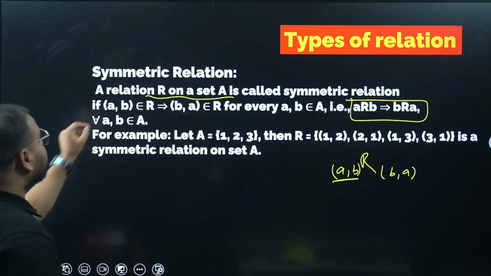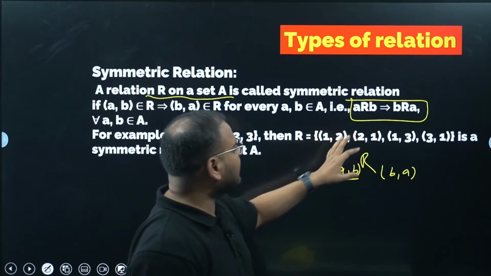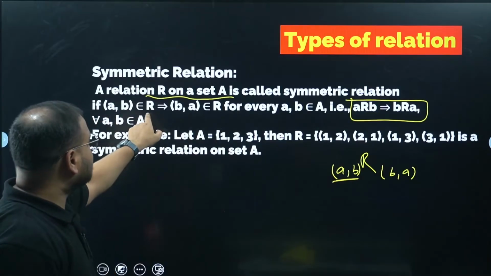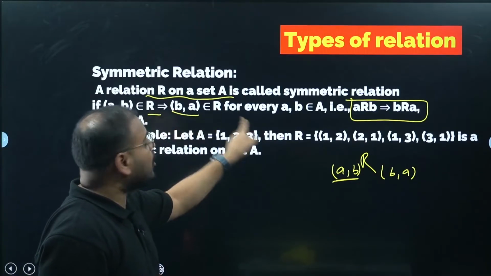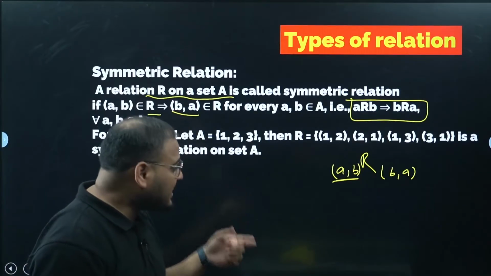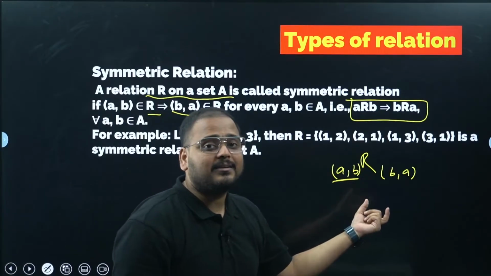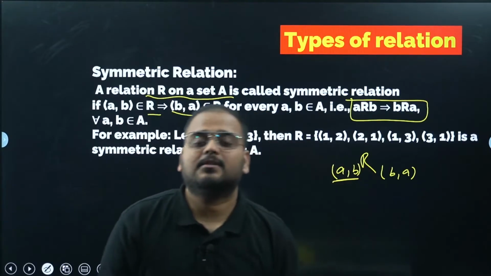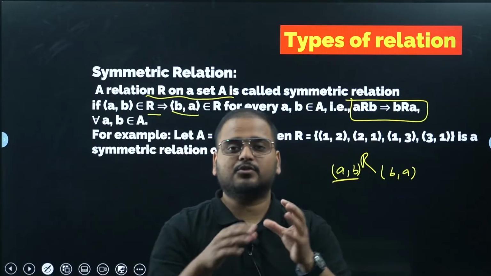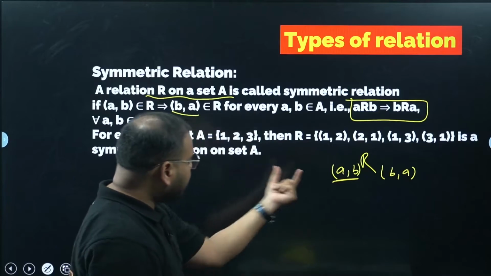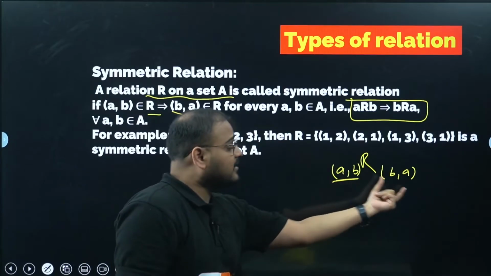Let's look into it. If a relation says that (a, b) is an element of relation R, then (b, a) will also be an element of relation R. When that is true, then we can call the relation symmetric. Let's recall what the meaning is. In a symmetric relation you have an if-then condition. If this is there, then this has to be there.